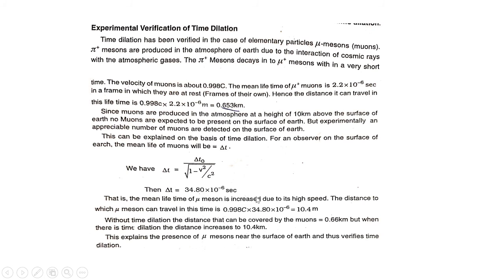Then delta t comes out as 34.80. Also, we can substitute in the above equations. Without time dilation, the distance that can be covered by the muon is 0.66 kilometer. But when there is time dilation, the distance increases to 10.4 kilometer.